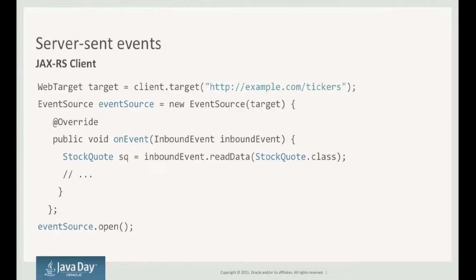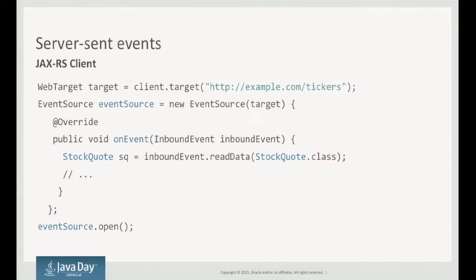Now, as part of our Java EE7 work, we provided a client API for JAX-RS. We'd also like to provide a client API for its server-sent events. Now, your client doesn't have to be a JAX-RS client. It could, of course, just be a plain old JavaScript client. But we want to be complete, and we want to provide a JAX-RS client as well.